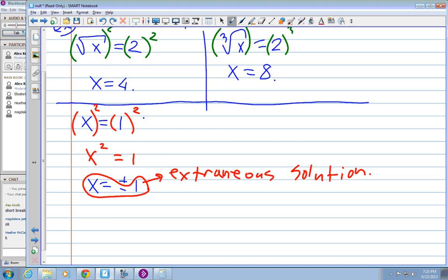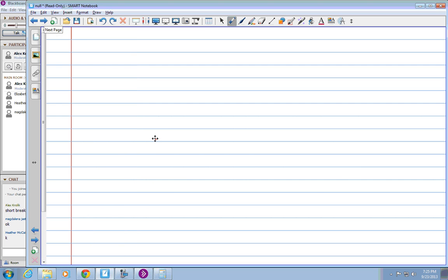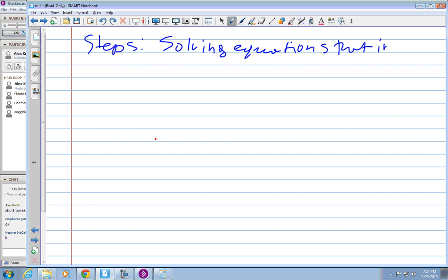But here are the steps. I'm going to outline the steps in solving equations that involve radicals. So step 1 is to isolate a radical.